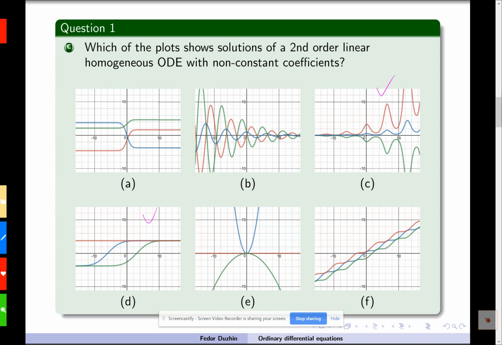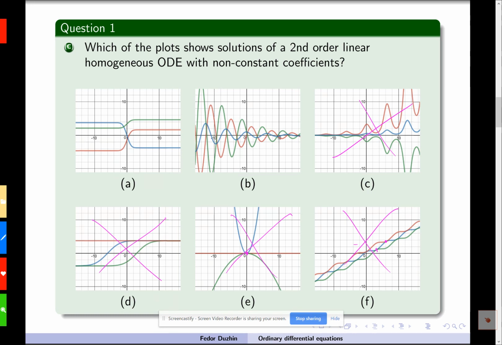So then look at plots E and F. In plots E and F, there are some points where these solutions share a common tangent line. Sharing a common tangent line would contradict the Picard-Lindelöf theorem in dimension 2, which means that the order of the differential equations in plots E and F is at least 3. So E is out, F is out. Of course, C is also out, and D is also out. So we're choosing between A and B.